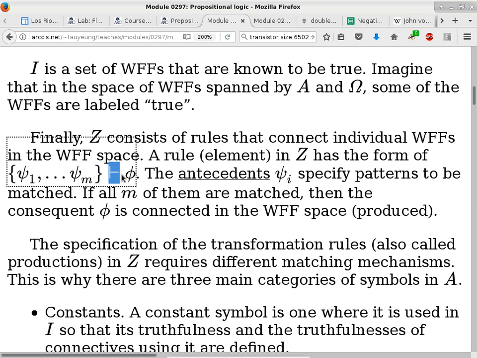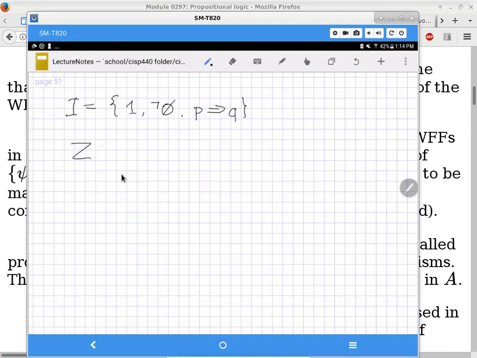Okay, so let's take a look at some examples. So let's switch here. So zeta can consist of these rules, right? So let's take a look at rules that we already know.